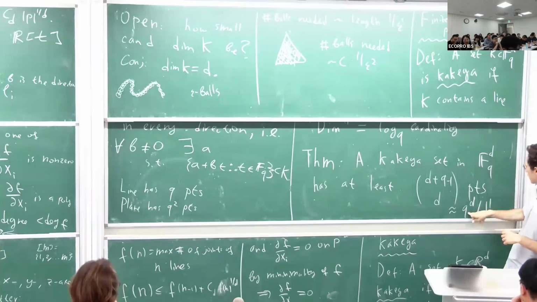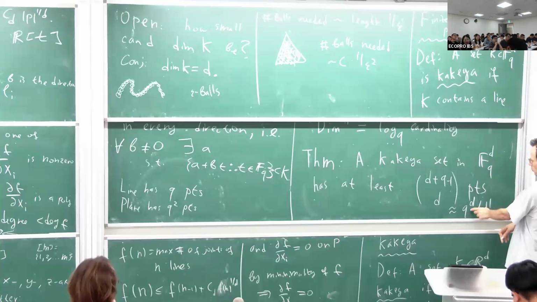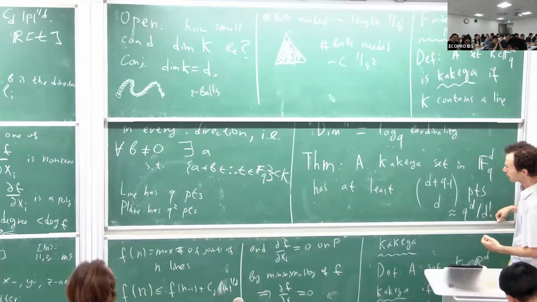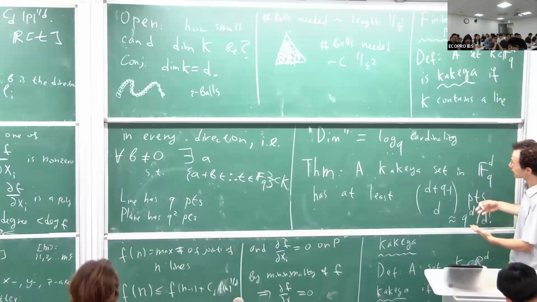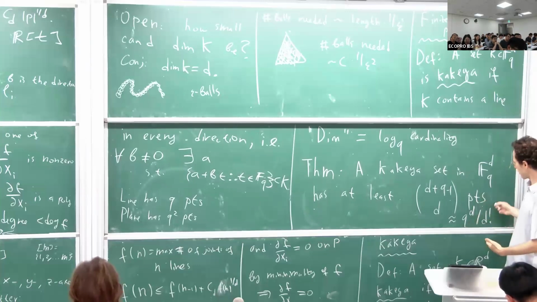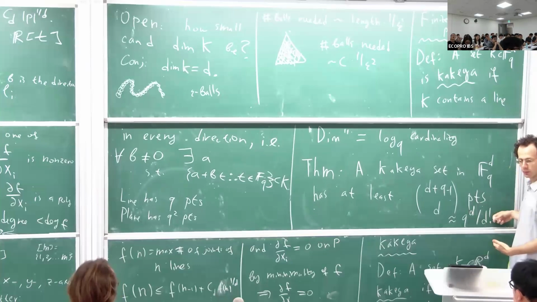So for large q it scales like q to the d, a d-dimensional set of measure at least 1 over d factorial. In the finite field version of the Kakeya problem, we cannot get an analog of the Besicovitch construction; the set will have positive measure, at least 1 over d factorial.